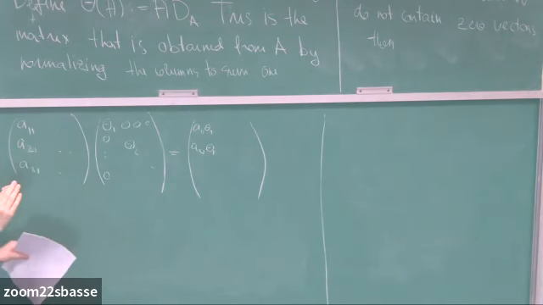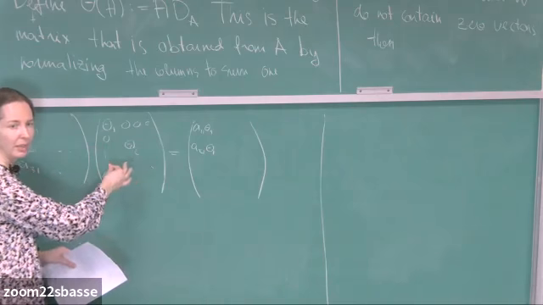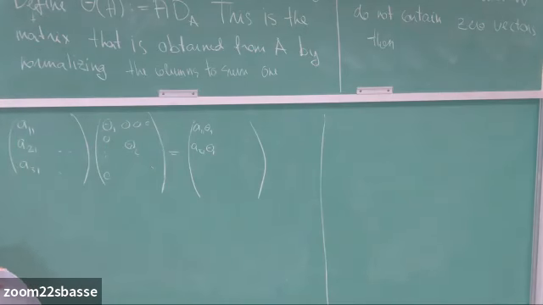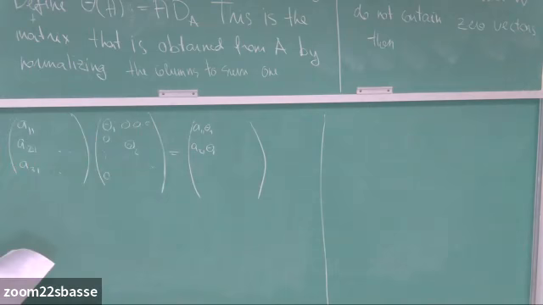So if we want to scale the columns, we multiply from the right. If we want to scale the rows, we multiply from the left. But I agree, I'm confused all the time. But for the lecture, I try to make sure that I get it correct for once.